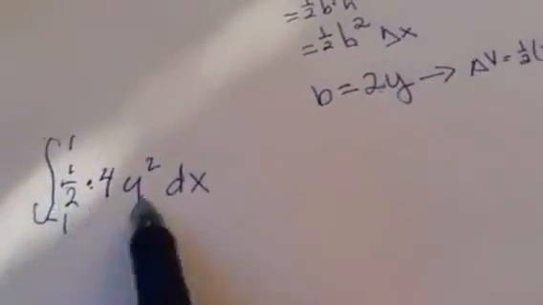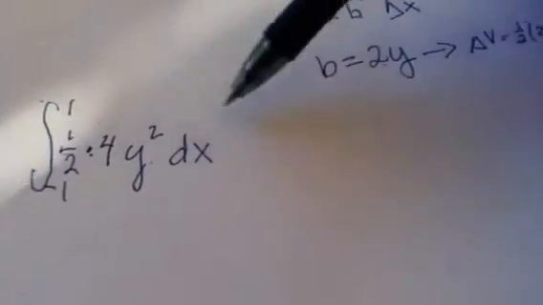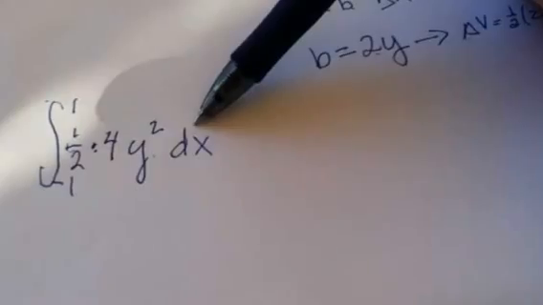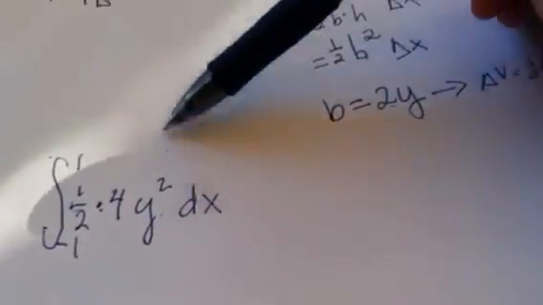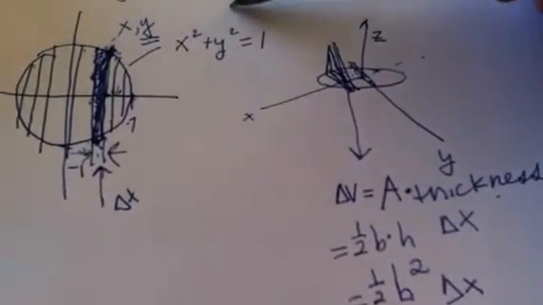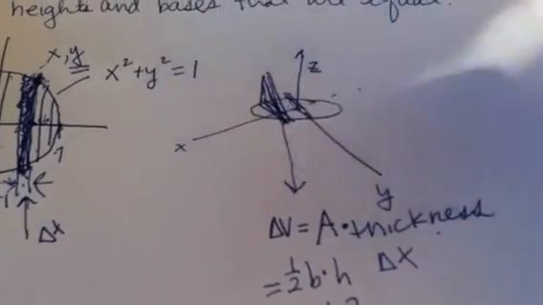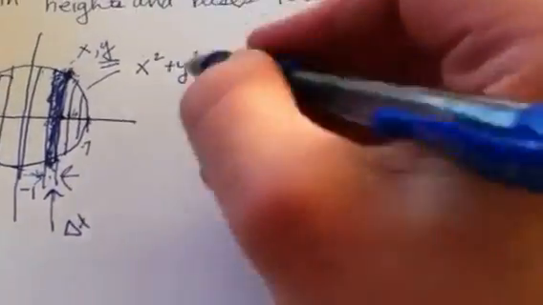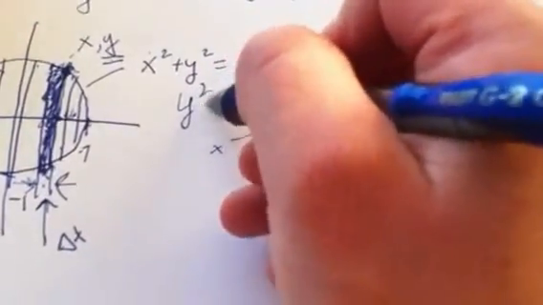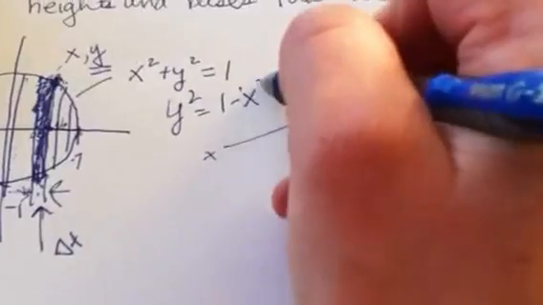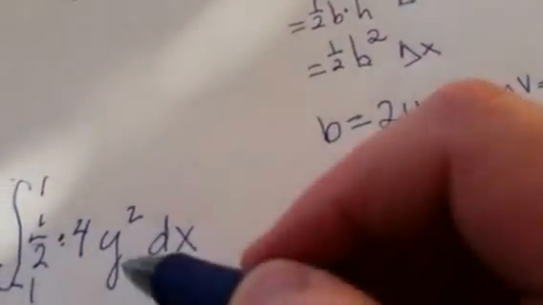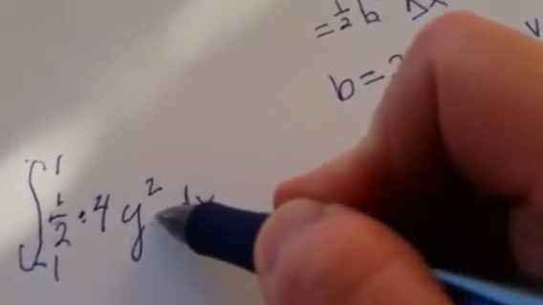This is where a little more work is needed, because we have a y squared but we take the integral with respect to x. So we come back to our equation, x squared plus y squared equals 1, and solve for y squared: y squared is equal to 1 minus x squared.